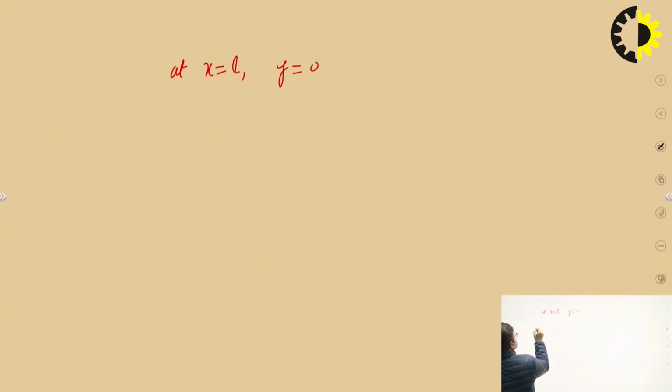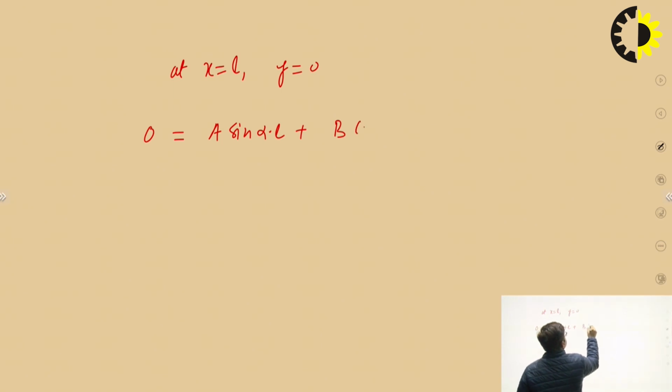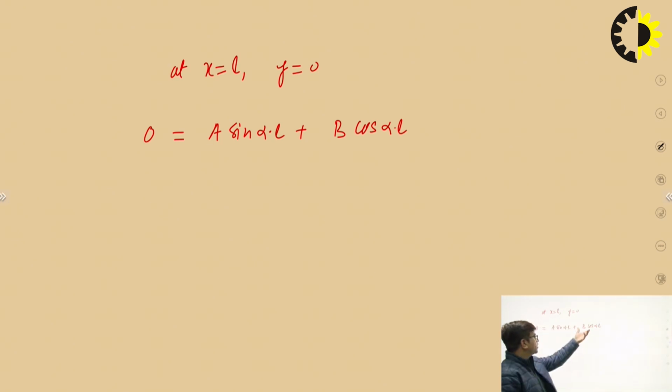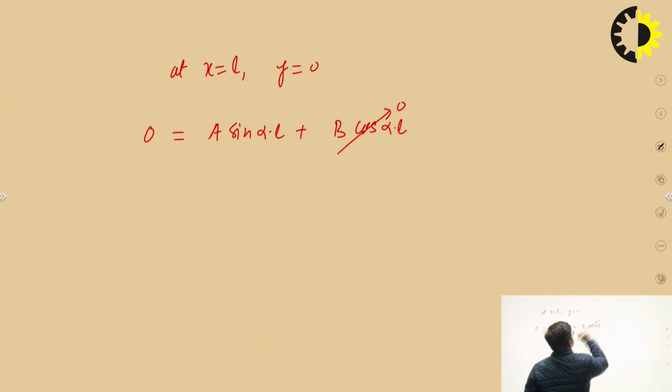So putting the second boundary condition, at x equal to L, y is 0. 0 equal to A sine alpha L plus B cos alpha L, and here we got B as 0, so that term is going to be 0.